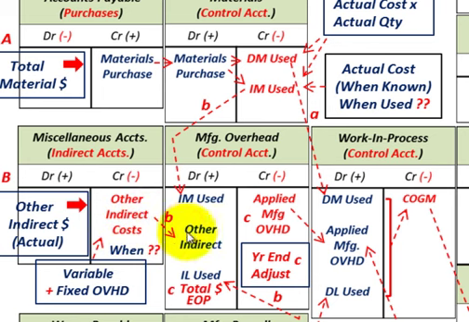Nonetheless, there's going to be some actual costs that flow into our manufacturing overhead control account for those indirect costs. And when I mean indirect, they could be both fixed and variable overhead components. Okay, so that takes care of our other indirects, which come in at some actual costs allocated to the manufacturing overhead.